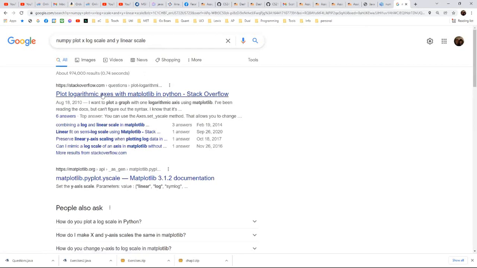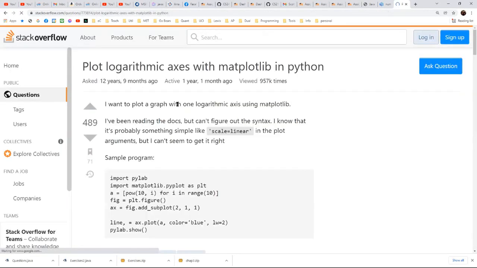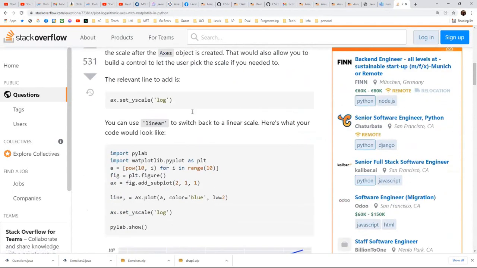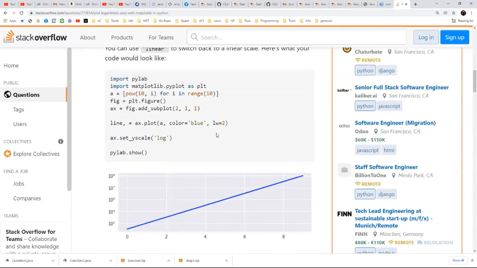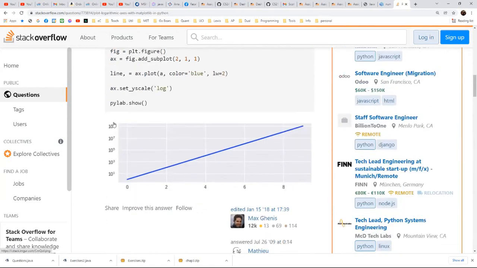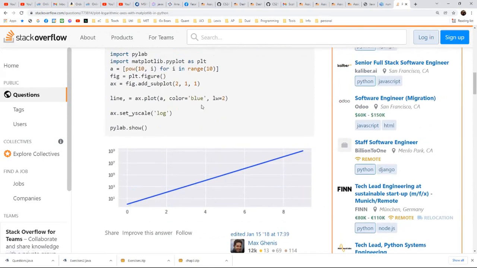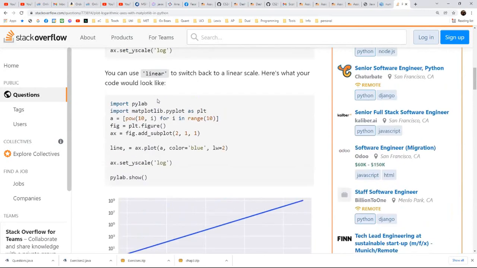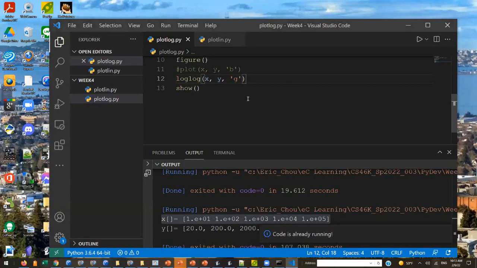Log means axis, you can see it here. So you have plot, your normal plot. This one is X linear, Y log chart. So here you can set axis to log, Y scale to log. Let's try this one. This one is not hard.